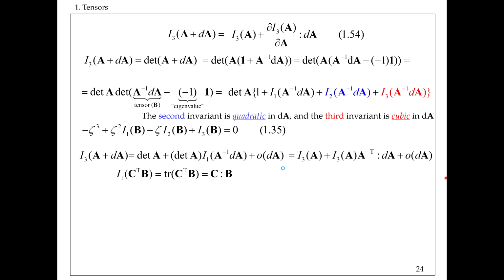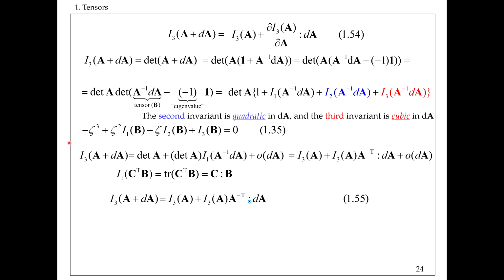Now, dropping the higher order terms, we can request that dA be small enough so we can neglect the higher order terms in dA, and therefore the result is the following.